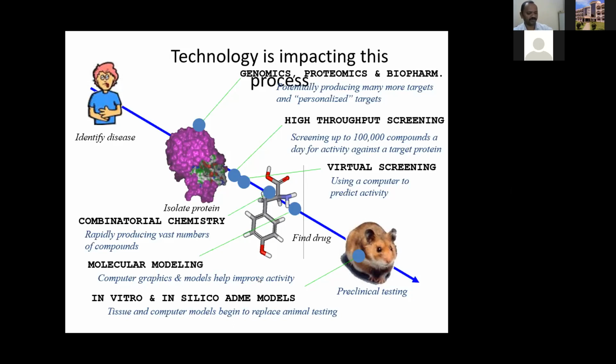In vitro and in silico ADME models are also being used in this context, so that we are able to find out the efficacy of the molecules in the in vitro models and compare it with the in silico models, and the ADME models are taken into consideration.